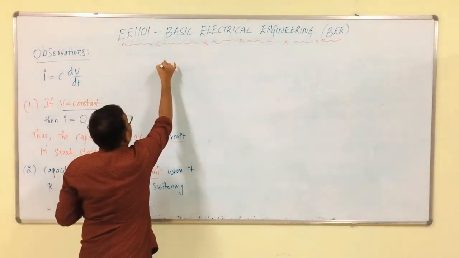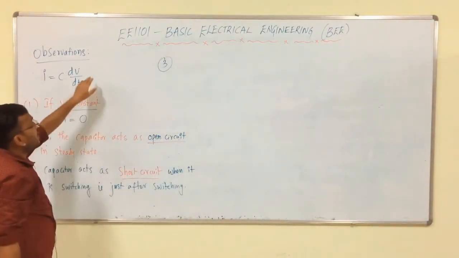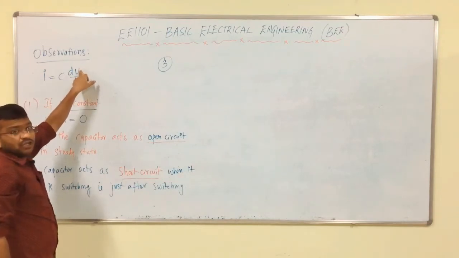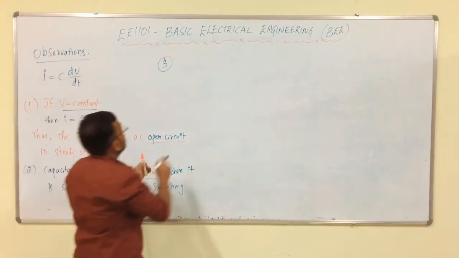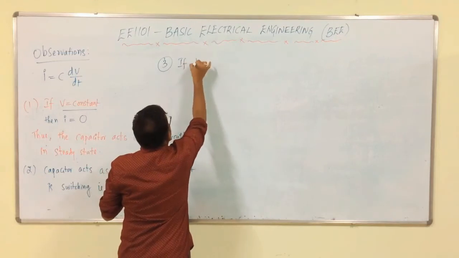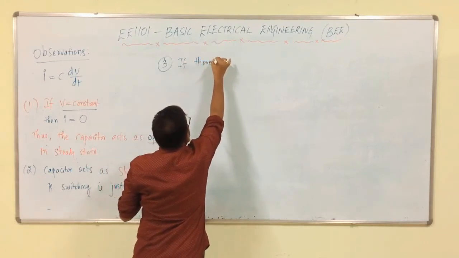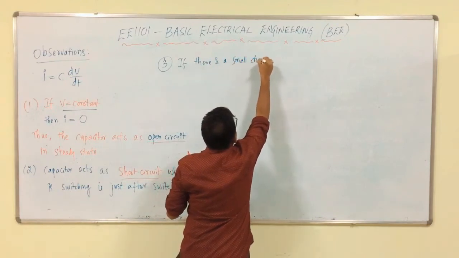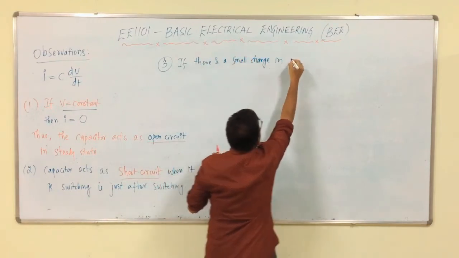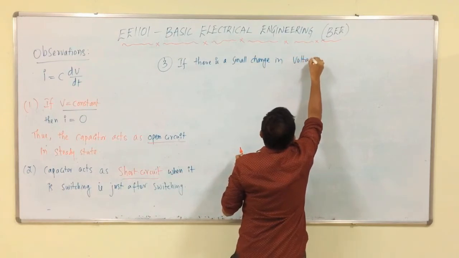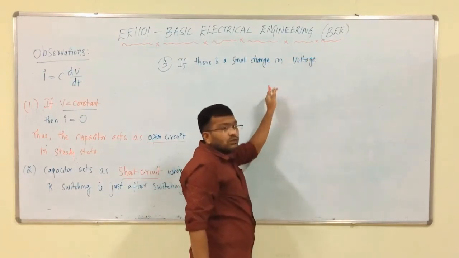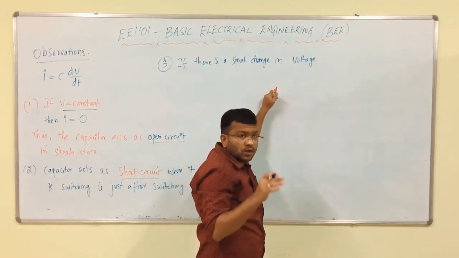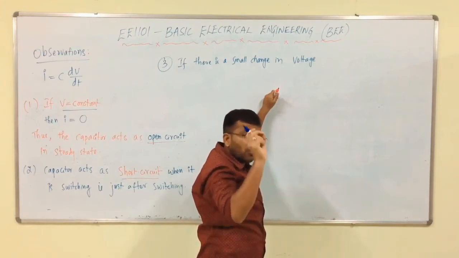Next, the third one. For example, there is a minute change in voltage. If there is a small change in voltage, that is 0.00000001 volts, approximately equal to 0, but there is a small change.